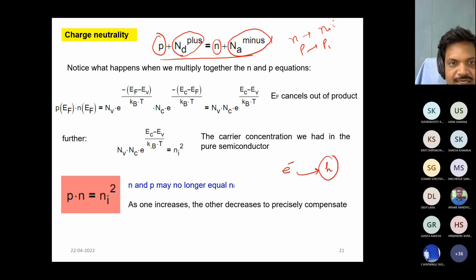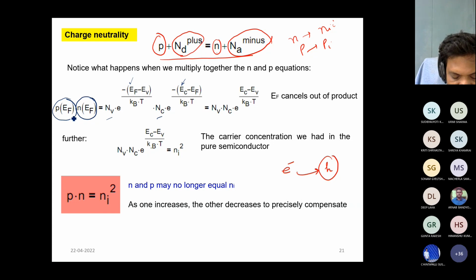Okay. Then, as per the previous formula, we can calculate the number of holes and the number of electrons in the valence and conduction band in an extrinsic semiconductor as per the position of the Fermi energy. As the Fermi energy position is shifting, accordingly it will determine the corresponding number of electrons and holes in terms of the energy state density.